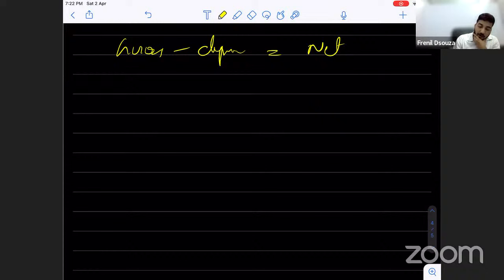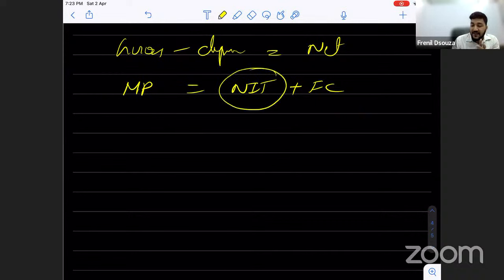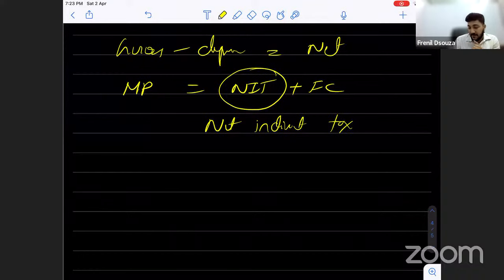let us talk about how to go from market price to factor cost. You have to make sure that factor cost plus net indirect tax is equal to market price. What you're adding is net indirect tax. I will write it here. Net indirect tax is added to the factor cost to get market price.